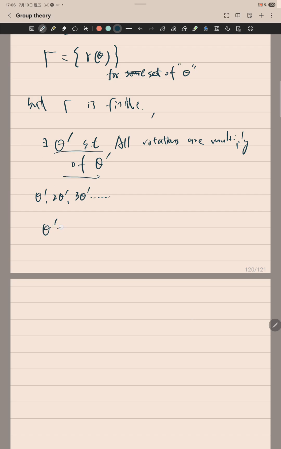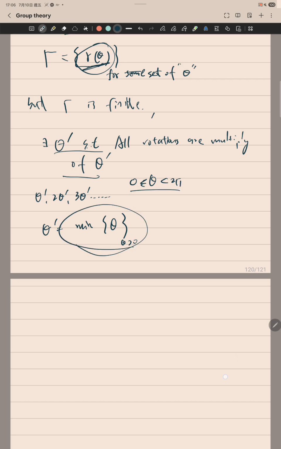To prove this is very simple. We just take theta prime to be the minimum of theta. We collect a lot of thetas, and we take the minimum which is greater than 0. Let's make the condition that theta is between 0 and 2 pi, and I take the minimum. I say that every rotation is a multiple of theta prime.